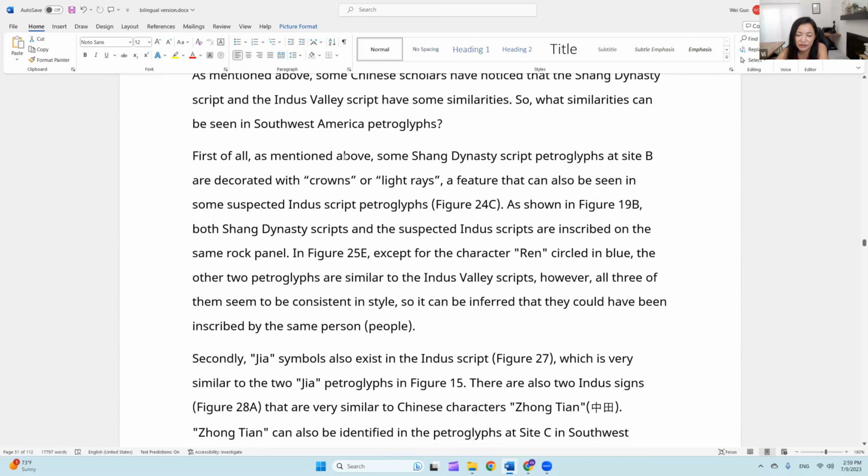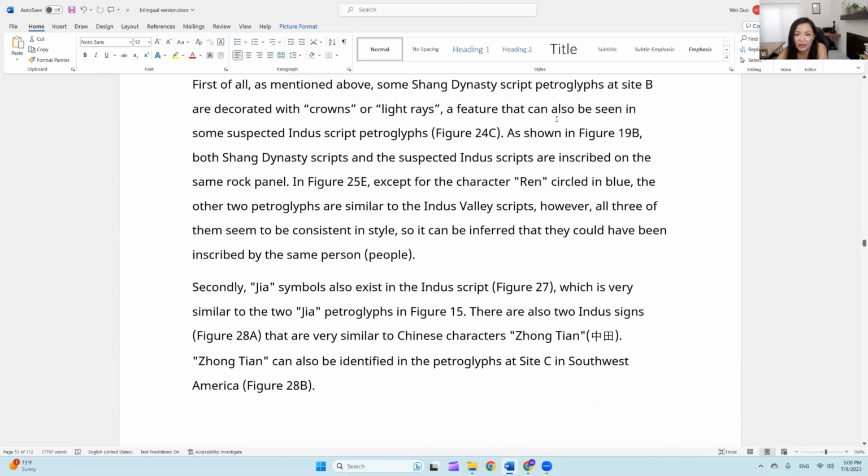First of all, as mentioned above, some Song Dynasty script petroglyphs at side B are decorated with crowns or lyres. I just explained this, right? So we can see these features in both the Song Dynasty scripts and the suspected Indus scripts, which means most likely these two kinds of signs were inscribed by the same person or people.